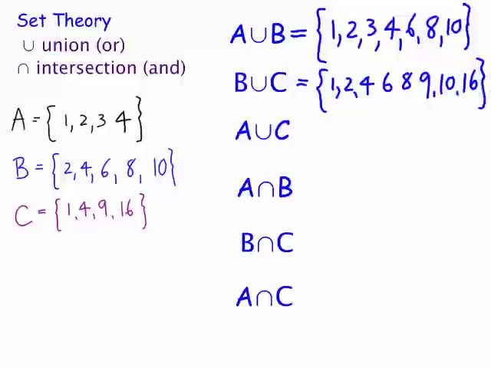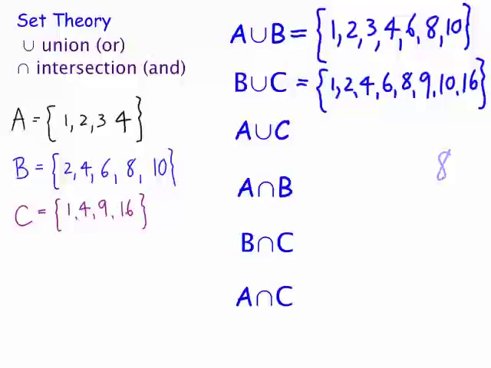Sometimes you can write something like this: the number of elements in the union B union C is in fact 8. Sometimes we use that idea.